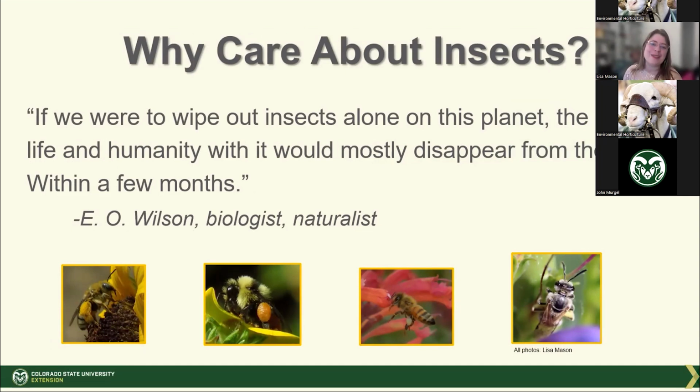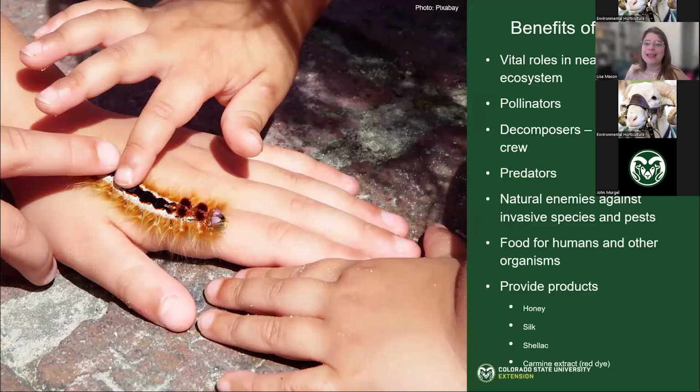So we rely on our decomposing insects to recycle dung and other organic matter back into the soil. Why insects? Well, they provide so many benefits to us. Pollinators, for instance, facilitate plant reproduction for over 75% of the world's plants. That's huge.